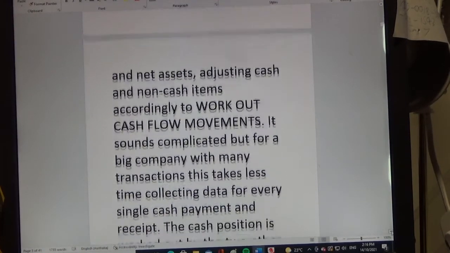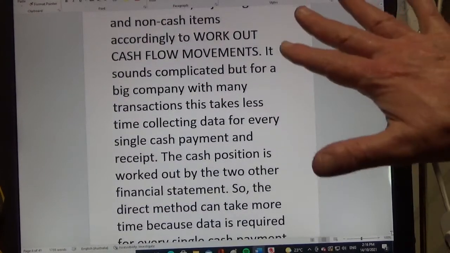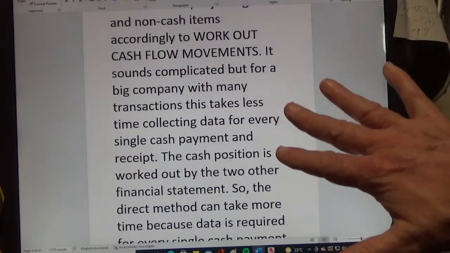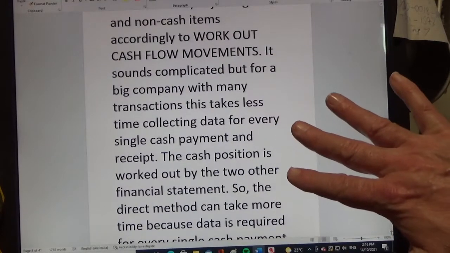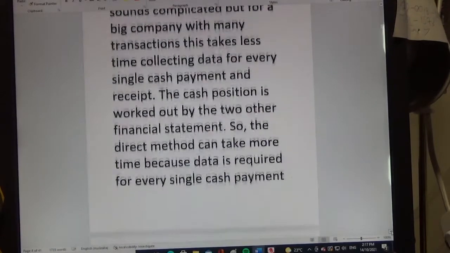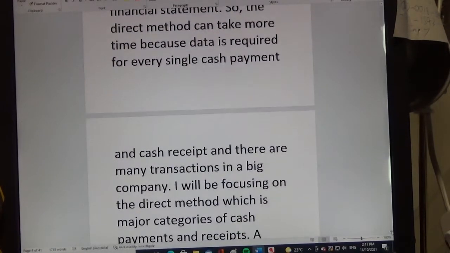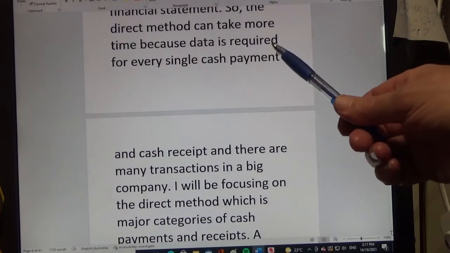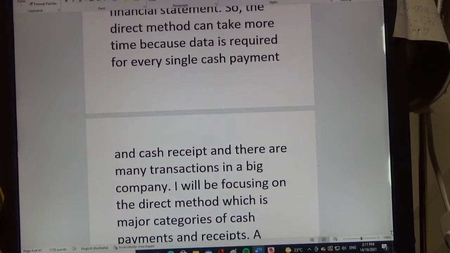As I mentioned, that's the indirect method, but the direct method is the recommended method. You've got to track every single transaction, payment and receipt. So in effect, the direct method can take more time with data collection, and often the indirect method is favoured by accountants for ease of calculation.